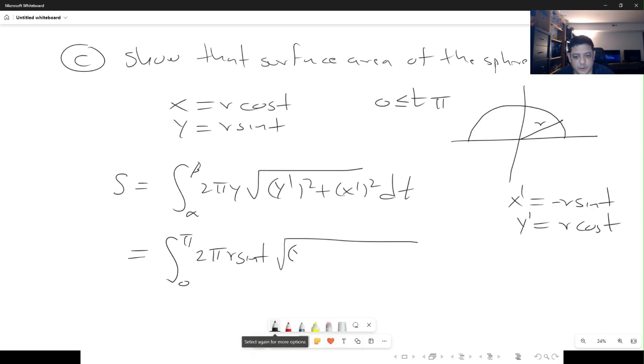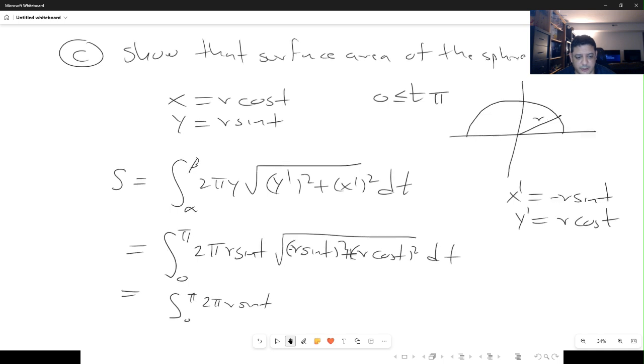The square root contains minus r sine of t squared plus r cosine of t squared, and dt here. And so now this is the integral from 0 to pi of 2 pi r sine of t, and then we can check the integral result.